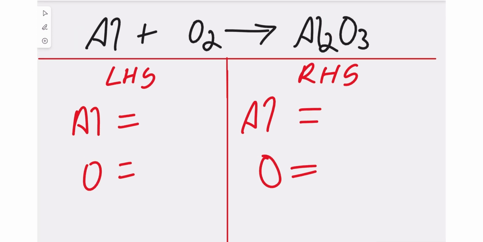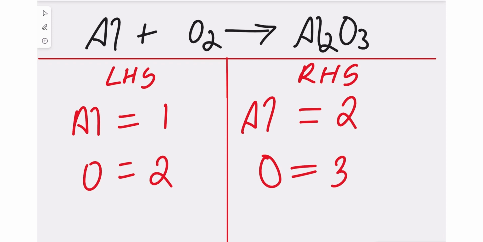So this is the last equation for the day, and we're going to be balancing this. So we're going to start off by writing the number of atoms on left hand side and right hand side. So Al is 1, oxygen is 2, Al is 2 on the right hand side, and oxygen is 3 on the right hand side. So now we're going to be starting off by balancing the number of oxygen atoms.